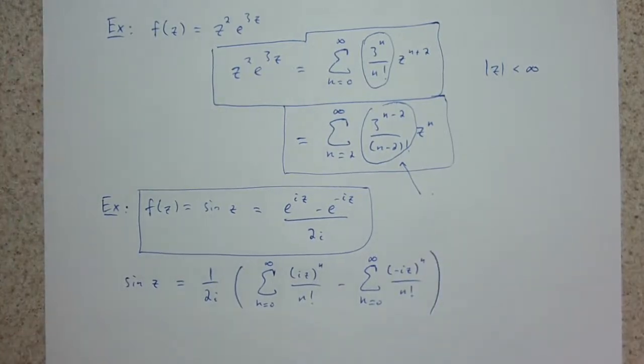Now, you might stop here and say, wait, do I have to do it this way, or can I actually just use Taylor's theorem? Because sine of z is something that's pretty easy to compute derivatives of. And so can I just use Taylor's theorem and the fact that I can compute these derivatives.